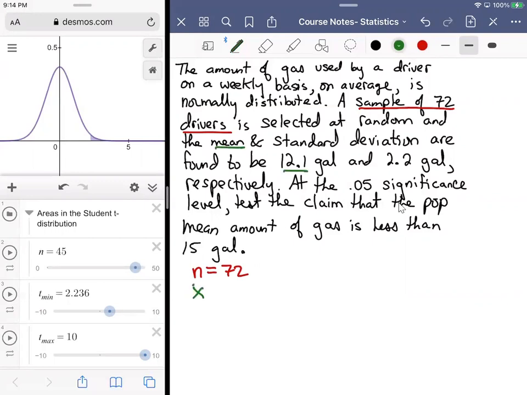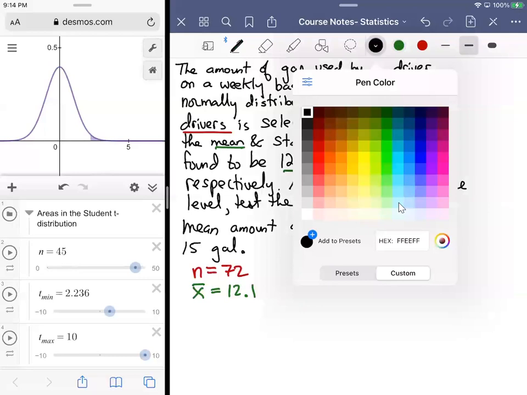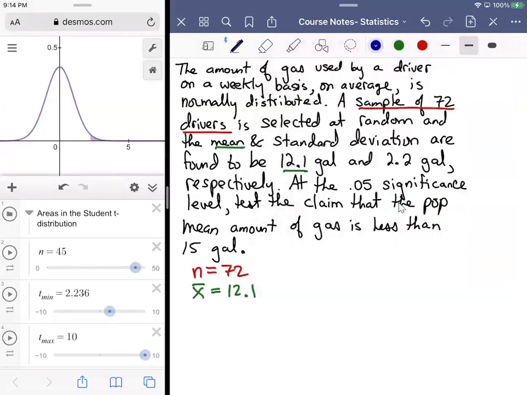So that's the mean for those 72 drivers, with a standard deviation of 2.2. I'm not really concerned about the units because they're consistent. The units are gallons throughout, so I'm not worried about that.